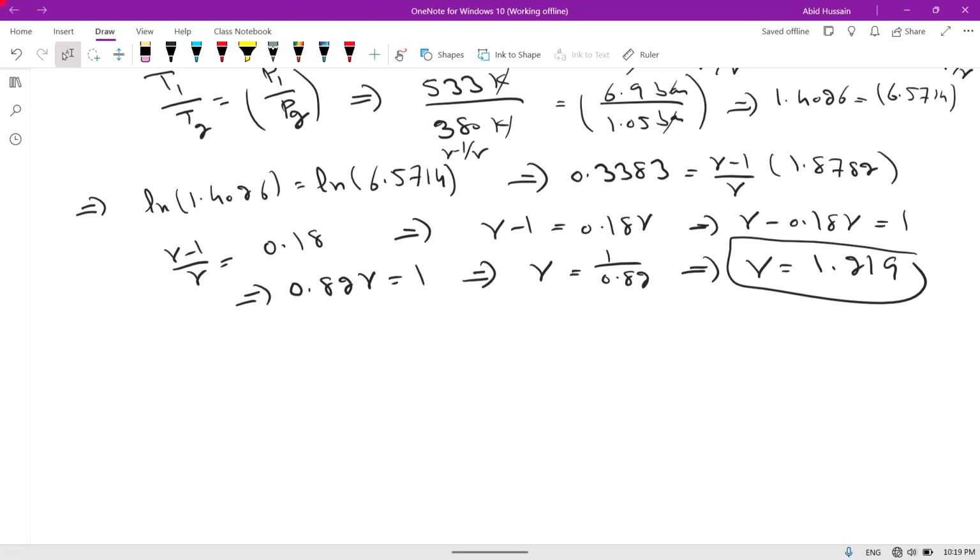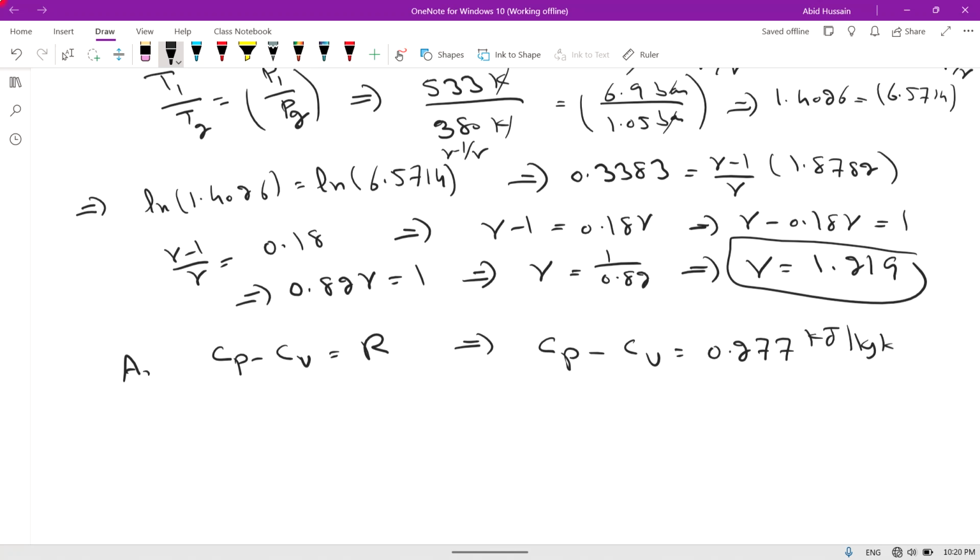Now we are finding Cp and Cv. As we know, Cp minus Cv is equal to R. The value of R is 0.277 kilojoule per kilogram per Kelvin. This is equation number first. And Cp divided by Cv is equal to gamma, and the value of gamma is 1.219.